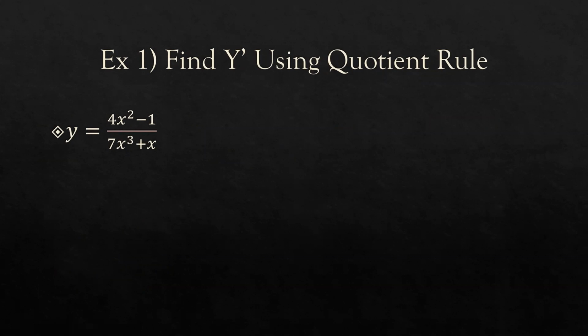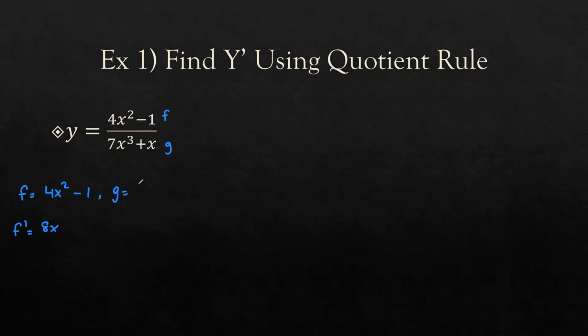It's not as bad as it looks. The top is always the f, and the bottom is always your g. My f is 4x squared minus 1, and f prime is 8x, since the derivative of negative 1 is 0.